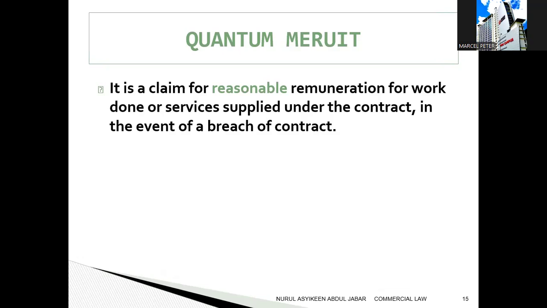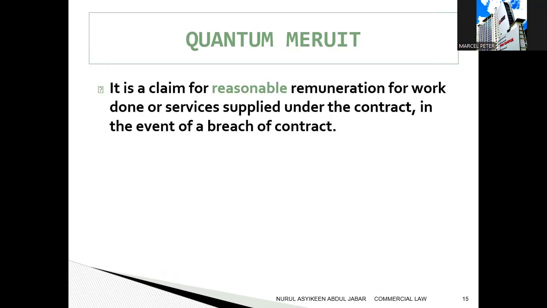This remedy is usually applied when a contract is terminated or breached, and one party has already partially performed the contract. So the purpose of quantum meruit is to prevent unfair loss and unjust enrichment.